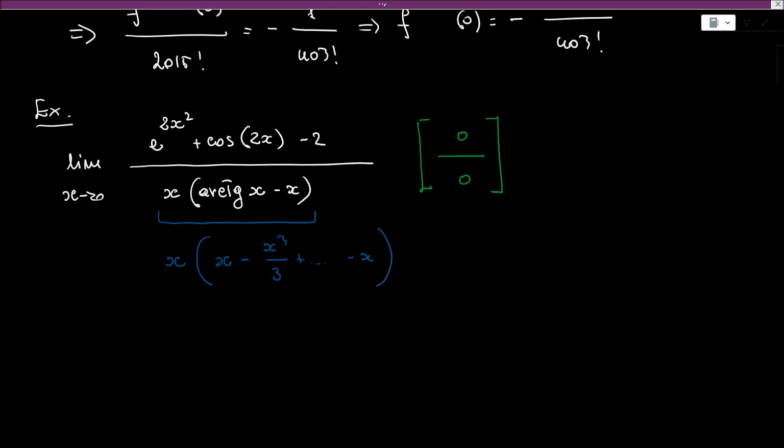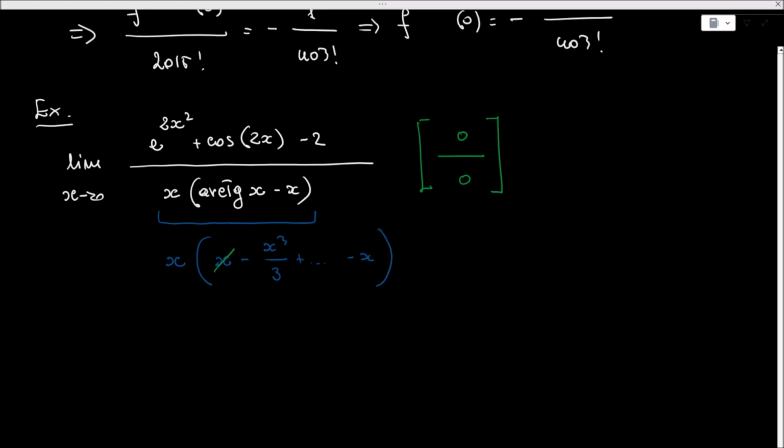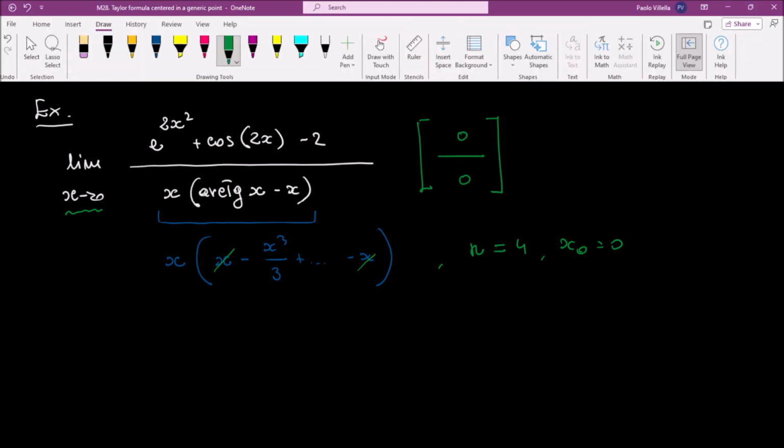And because x and minus x will go away, we are left with a denominator that has order 4. So we decide at this point to expand all the functions up to n equal 4 around the origin. Of course x naught is equal to 0. Why? Because this limit is evaluated for x that tends to 0. Okay, so let's try this expansion.